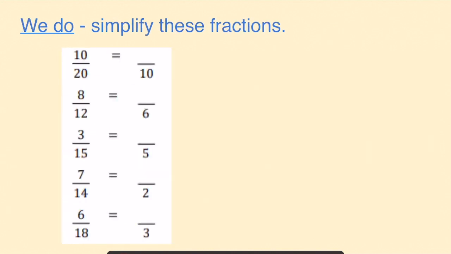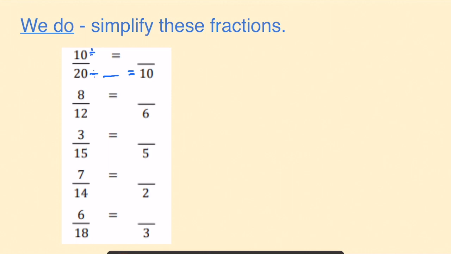Let's have a look at these ones. Here the numerator has been given for you, so you can actually work out what's being done to get that numerator. Because we've got a smaller one, we know it's been simplified. 20 divided by something is going to give me 10. And I know that what I do to the denominator, I also need to do to the numerator.